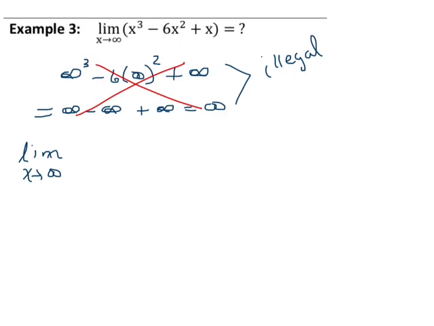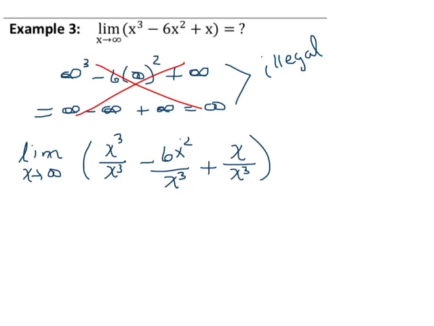Okay, so then I've got x cubed over x cubed minus 6x squared over x cubed plus x over x cubed.